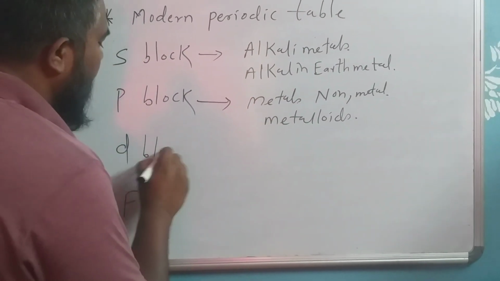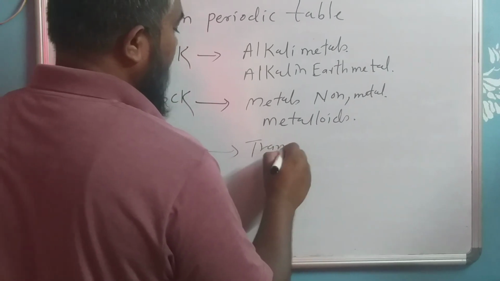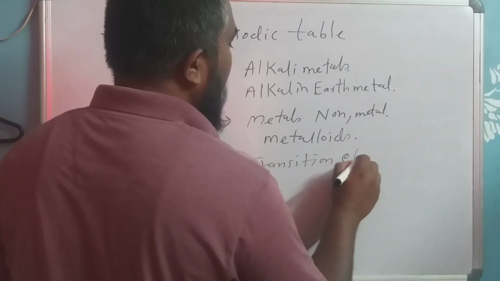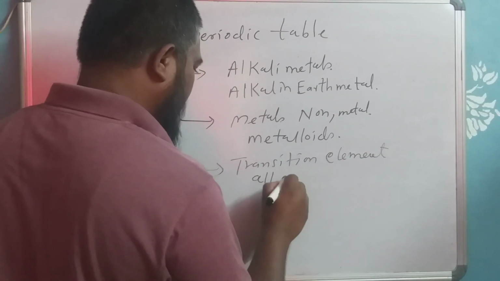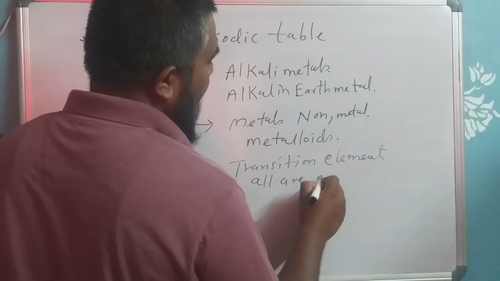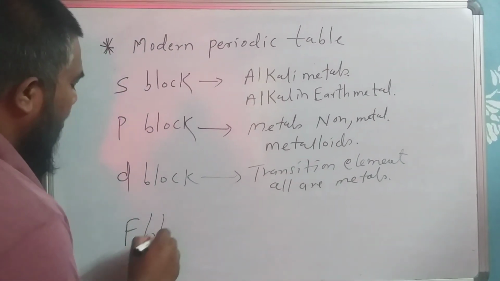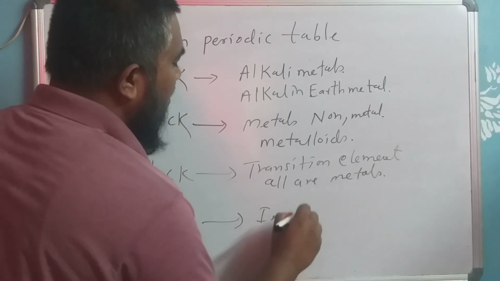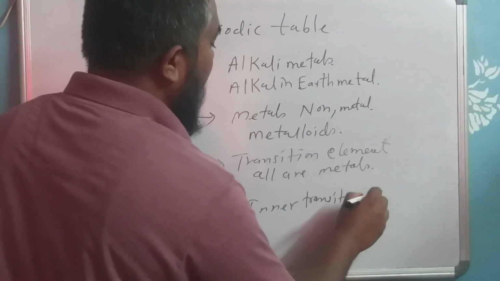D block contains transition elements, all of which are metals, and F block contains inner transition elements.